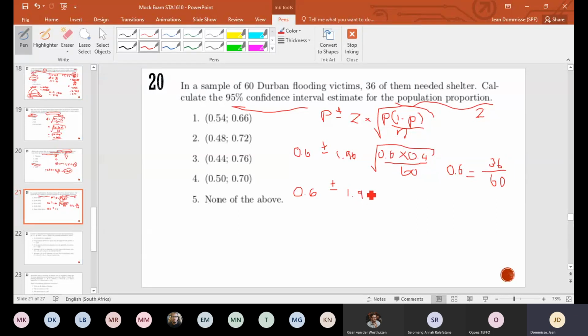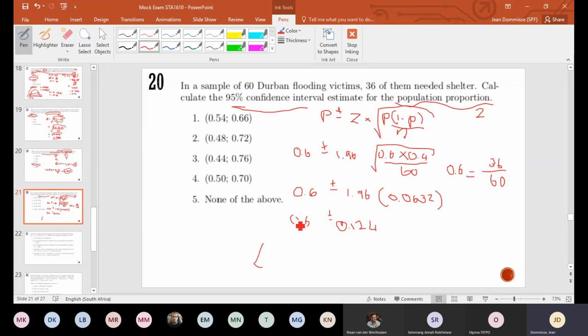So it will be 1.96 times, I always go to 4 decimal places just to make sure. So that times 1.96, so we sit with 0.6 plus minus 0.124.